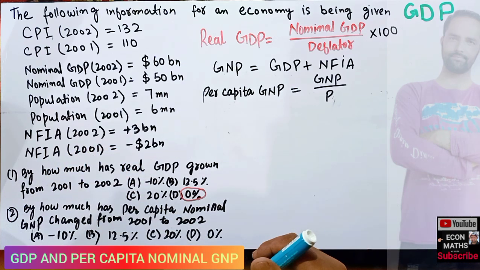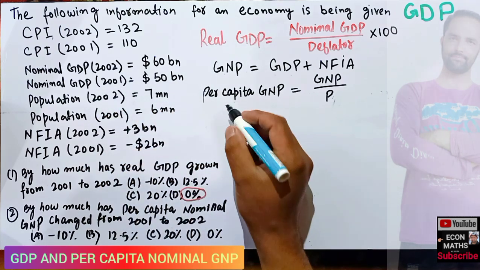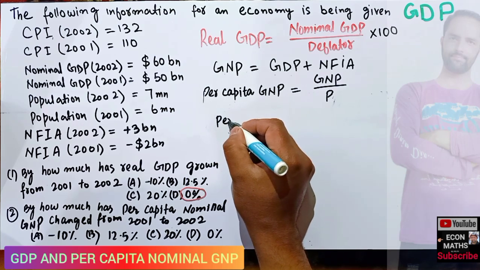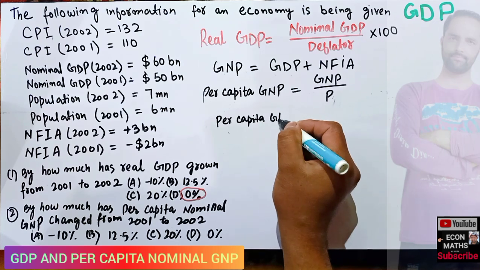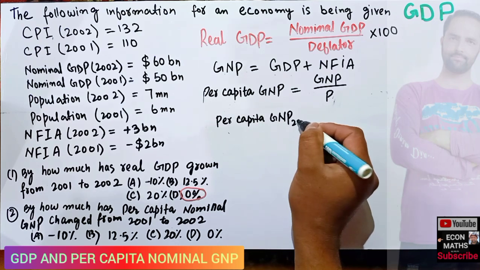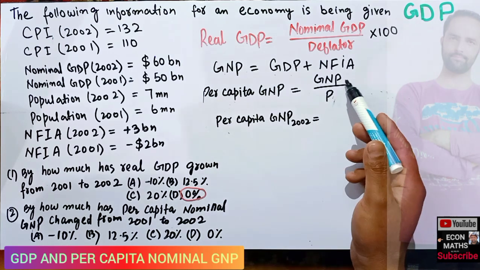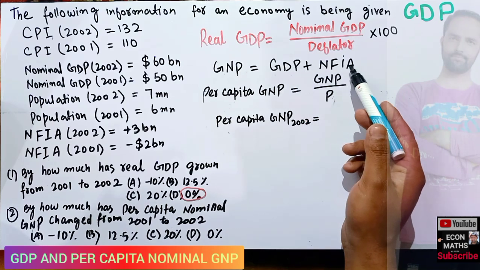Okay, so let's calculate the values in 2002. What will be our per capita GNP in 2002? GNP is equal to GDP plus net factor income from abroad.